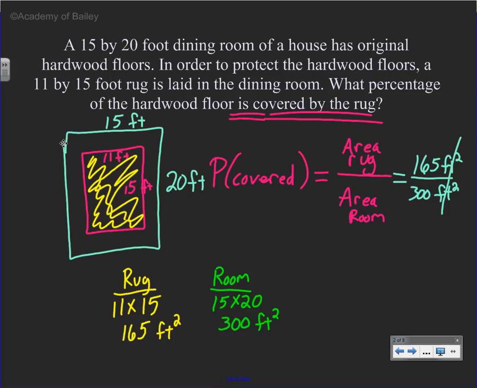When you type that in, it should be equal to 0.55, and you change it to a percent by moving it 2 places to the right, 55%. 55% of the room is being covered by the rug.